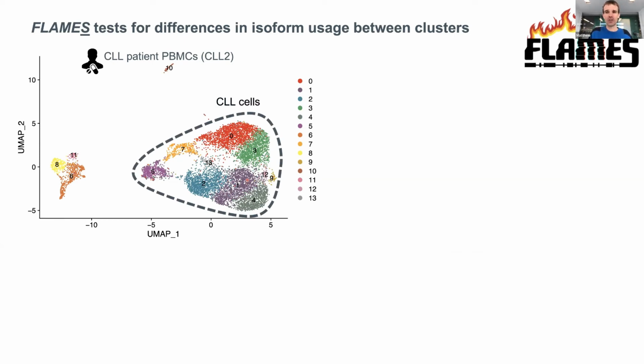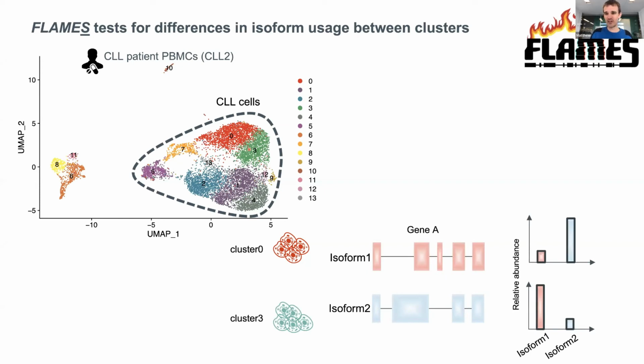So what we want to do with our transcript count matrix is then go and look. So for different clusters, say for example, cluster 0 and cluster 3, we want to extract out the transcript counts and then do a little statistical test to look for shifts in abundance that happen between the different clusters. So that is the signal of interest that we're looking for.